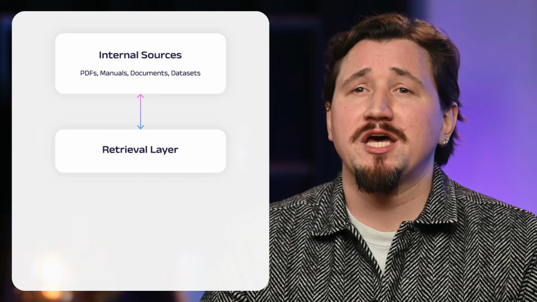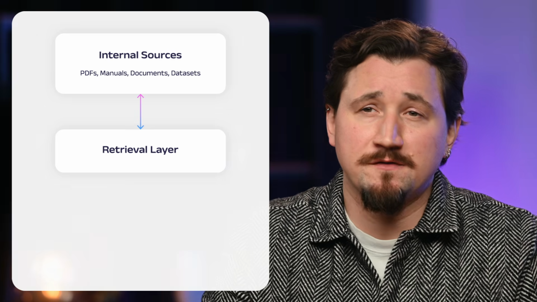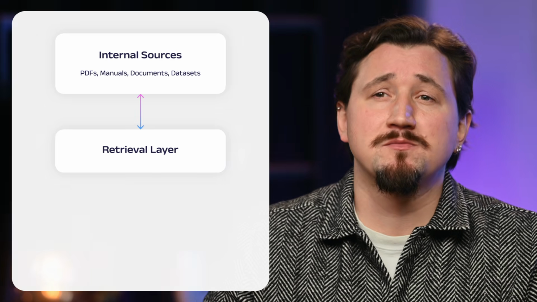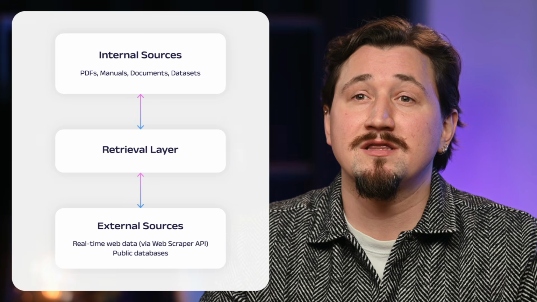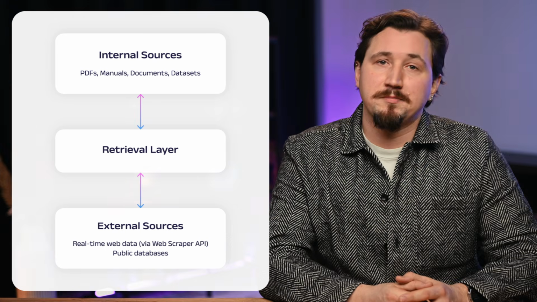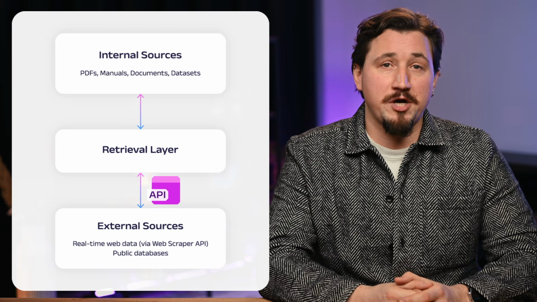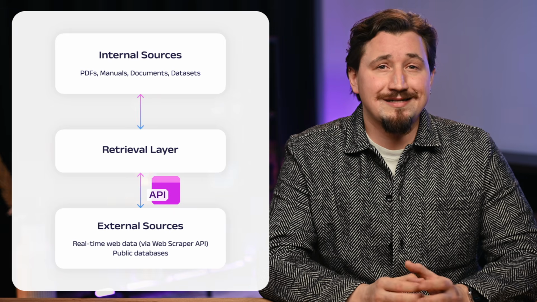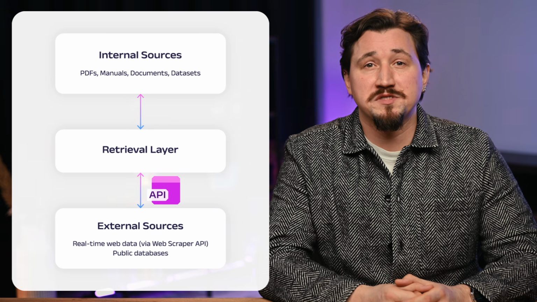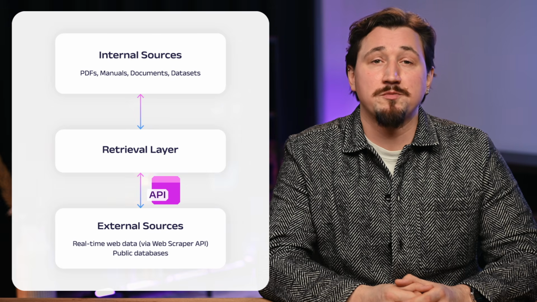However, the retrieval can go even further. Instead of stopping at internal data, some systems also pull in external sources like public datasets or even live web data. For example, something like the Oxylabs web scraper API can be plugged into the retrieval layer to fetch real-time information from the web, such as e-commerce data or SERP results.